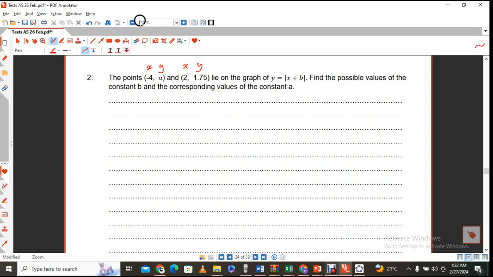Okay, so we have y is equal to the absolute value of x plus b. So we know that y here is 1.75 equals the absolute value of 2 plus b. And of course, this can be written as 2 plus b equals 1.75, or another one would be 2 plus b equals -1.75.